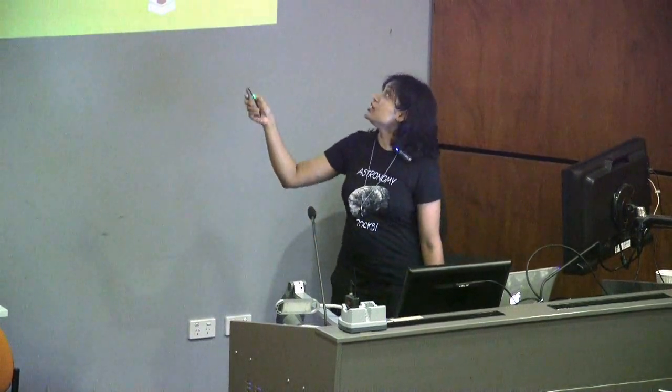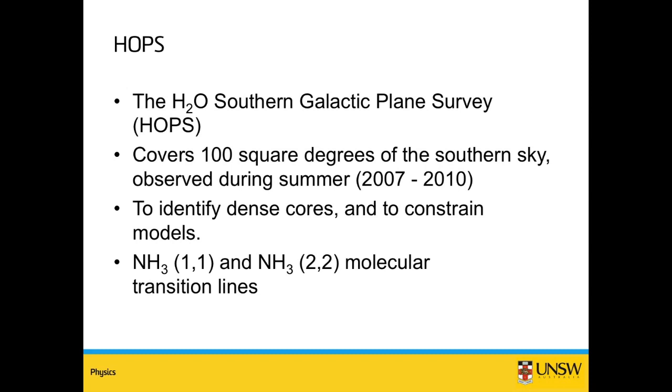So yeah, as I was talking about HOPS survey, we are using it so that we can find the dense cores, dense molecular zone where the stars are forming. And I'm using ammonia 1,1 transition and ammonia 2,2 transition lines that I was talking about before.